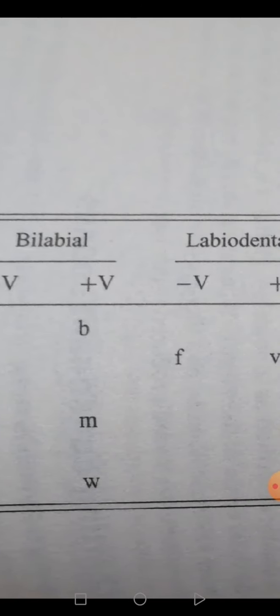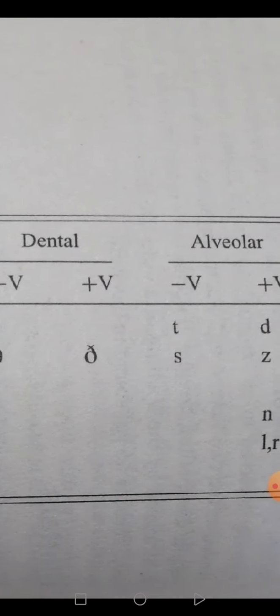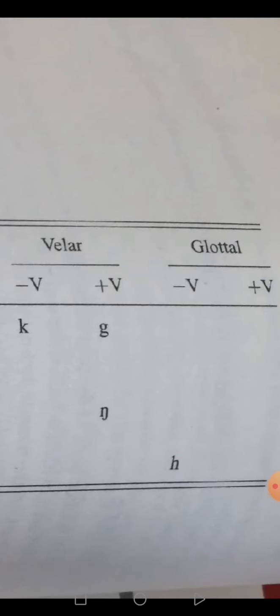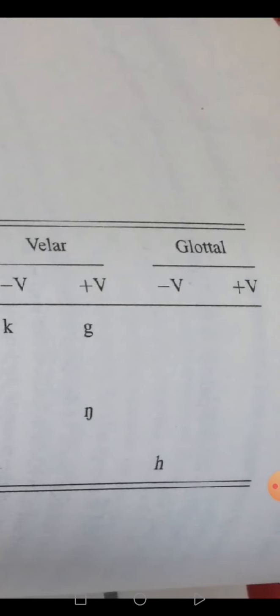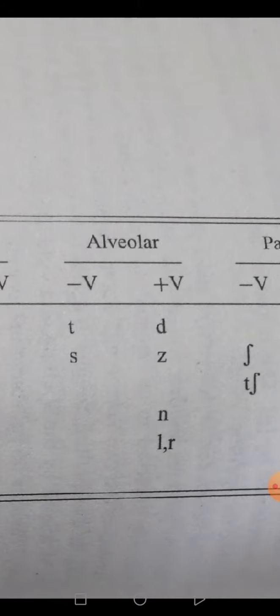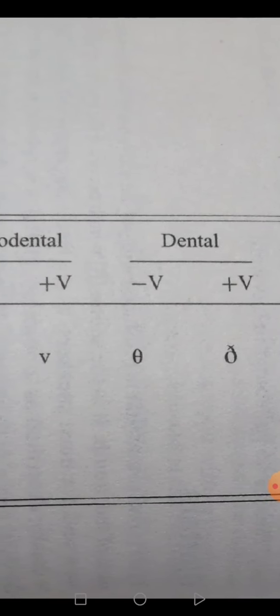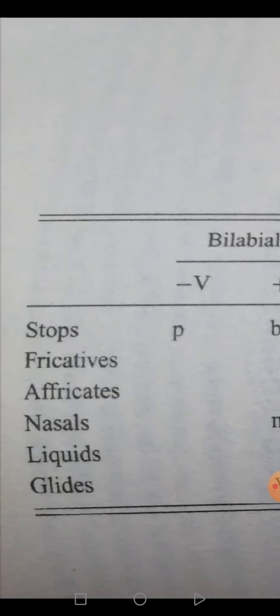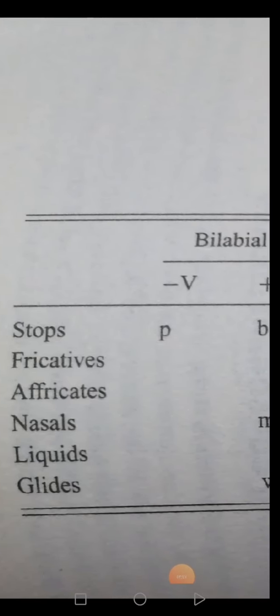Yeah. The last point is glides. Here we have the way, and then we have the ye, and the he. What does that mean? Now these sounds, the way and the ye, are called what? Glides. Why do we call them glides? Glides means insilaqiya. These sounds are called consonant sounds, but as a matter of fact, they are produced like vowels in their production.